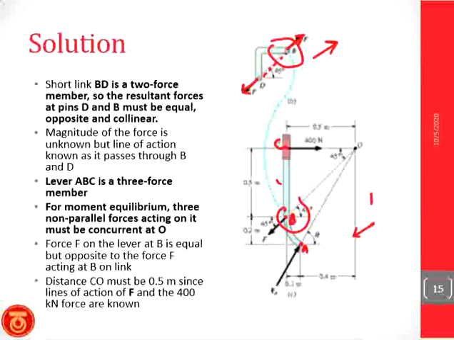This force is the same but in the opposite direction, opposite to the force acting on B. Distance CO must be 0.5 meter since the lines of action of F and the 400 newton force are known.